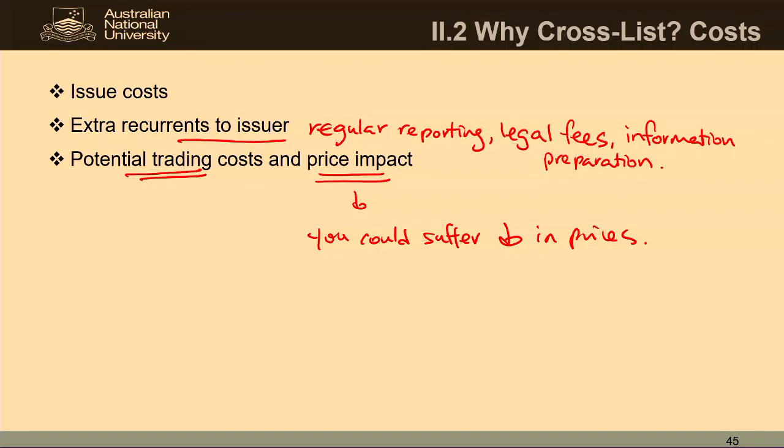And it has happened. You are a company, say in country A, you went public in the US. You started out doing pretty well, but then sometime later, your price tanked on the New York Stock Exchange. Why do you think that might be the case?